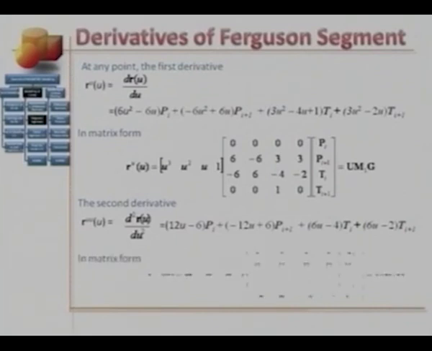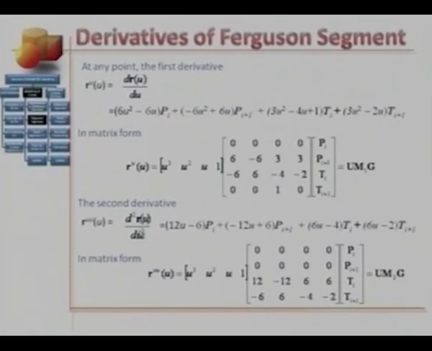In matrix form, the second derivative is given by u cubed, u squared, u and 1, a 1 by 4 matrix. The coefficient matrix will change and will have the entries 0, 0, 0, 0. The second row again zeros.